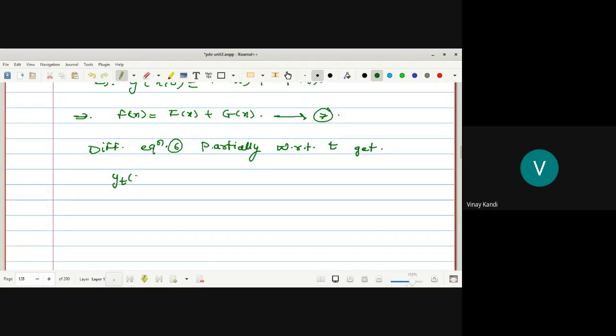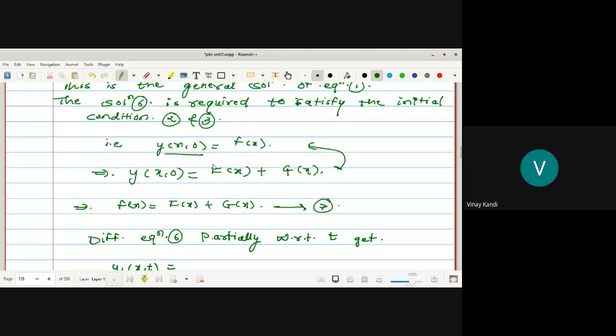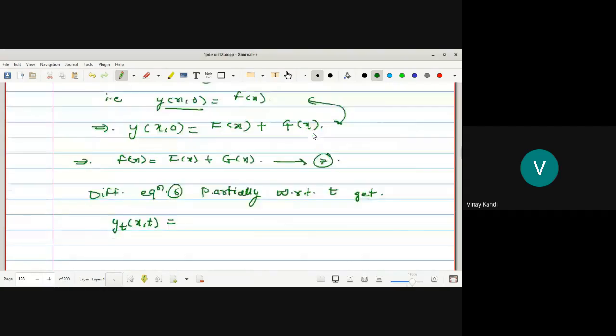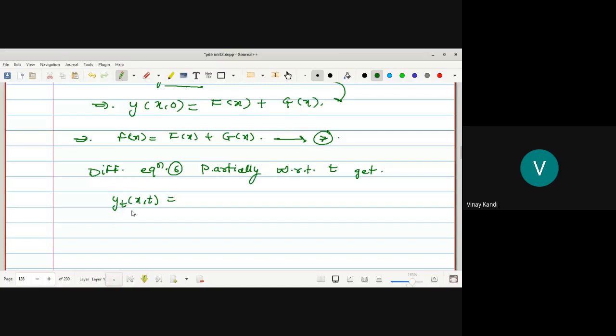Okay, so yt is the function of xt is equal to, काय, differentiate केल्यानंतर c into F dash of x plus ct, plus minus c into G dash of x minus ct. Okay, so this gives c into capital F dash of x plus ct minus, to the minus है ना, G dash, G dash is the function of x minus ct, minus c. Okay, which is nothing but initial velocity.